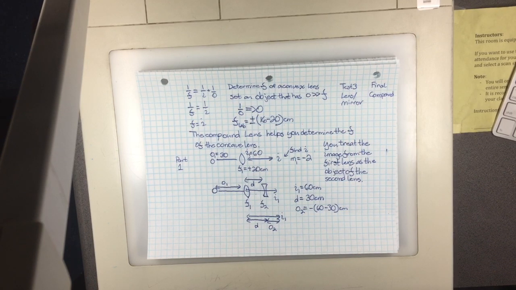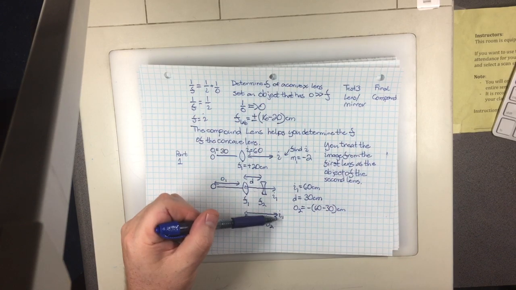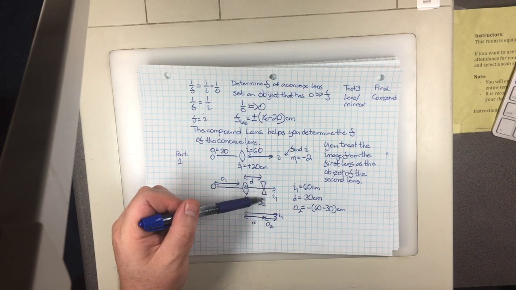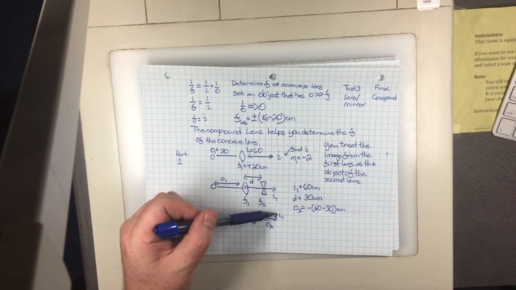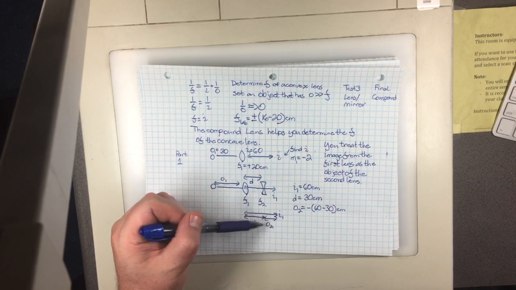Remember when I said in single lens and mirror problems, the object distance is always positive. In compound lenses, the second object distance may be negative. I've done these problems where this image is to the right of this concave lens, which means this object distance is negative.